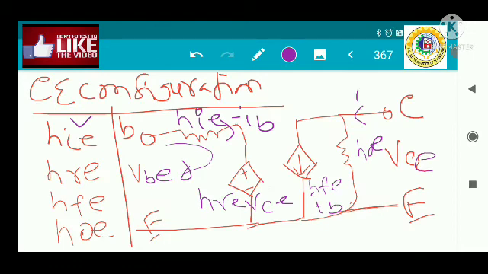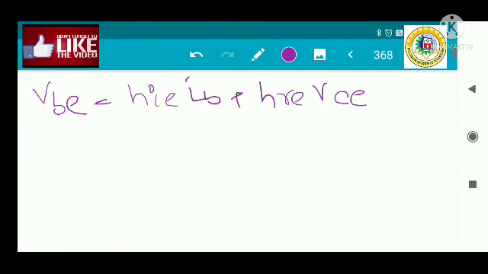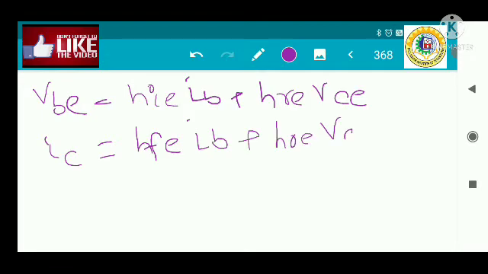IC. This is the current IC that is flowing through. So IC is nothing but the summation of these two currents. Okay, so IC is HFE IB plus HOE into VC.